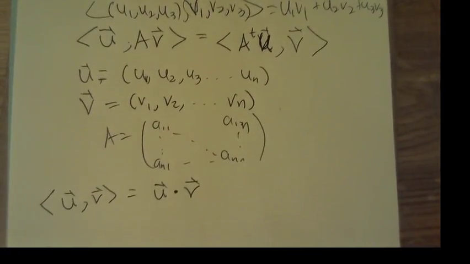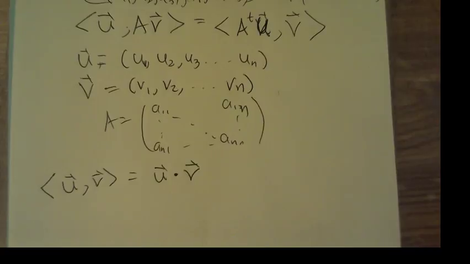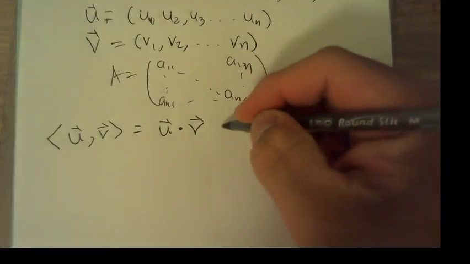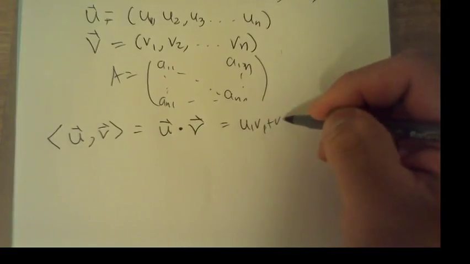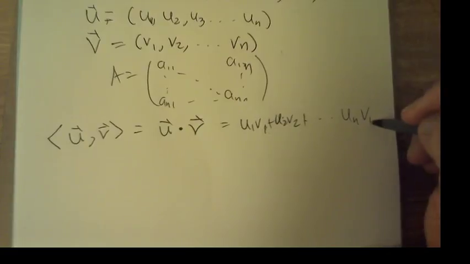Okay, so why don't we do this? Let's think of this here. If we think of our inner product, we think of that as U1 V1 plus U2 V2 all the way to Un Vn.